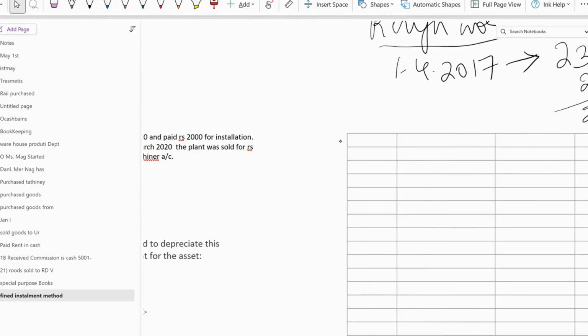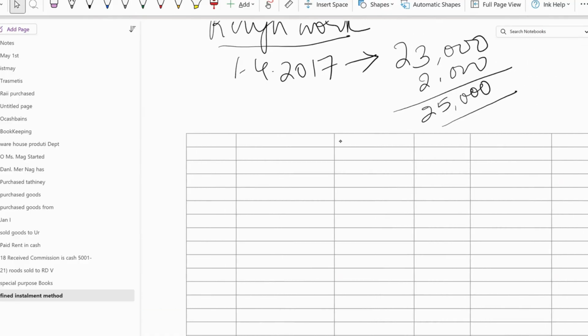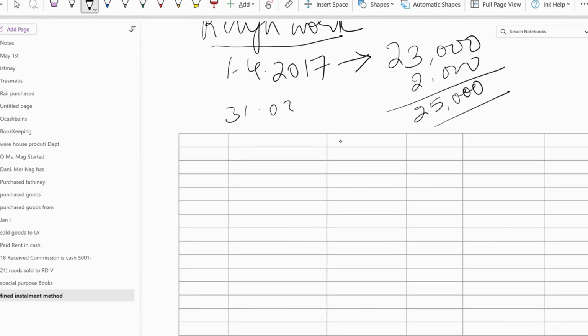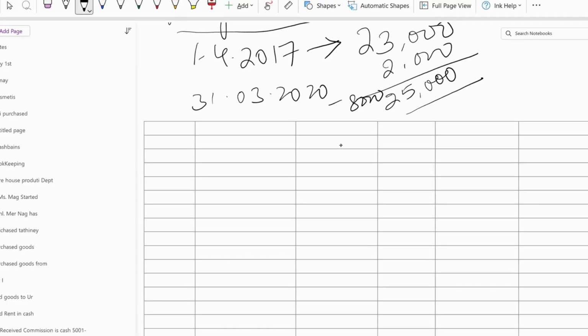Now, when did they sell? On 31st March 2020, they sold it for 8,000. Now we have to find out profit or loss. And second one is we have to prepare a machinery account also. Okay. Yes, ma'am. So suppose if this is a machinery account.